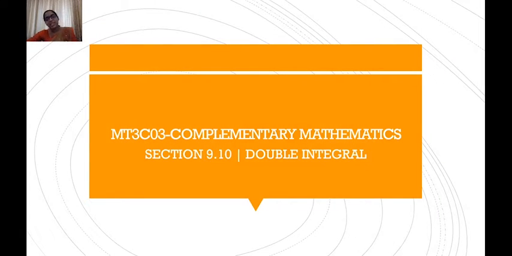We shall start a new section, section 9.10 of our syllabus, double integrals. We have done the properties of various line integrals and how we geometrically interpreted the concept of the line integral.